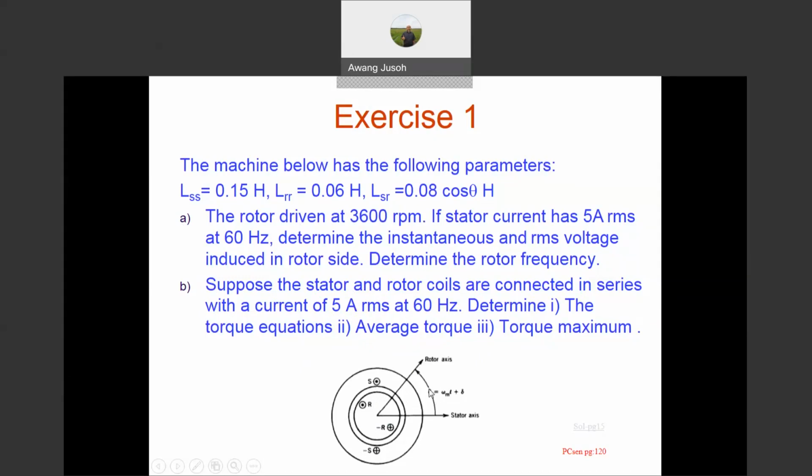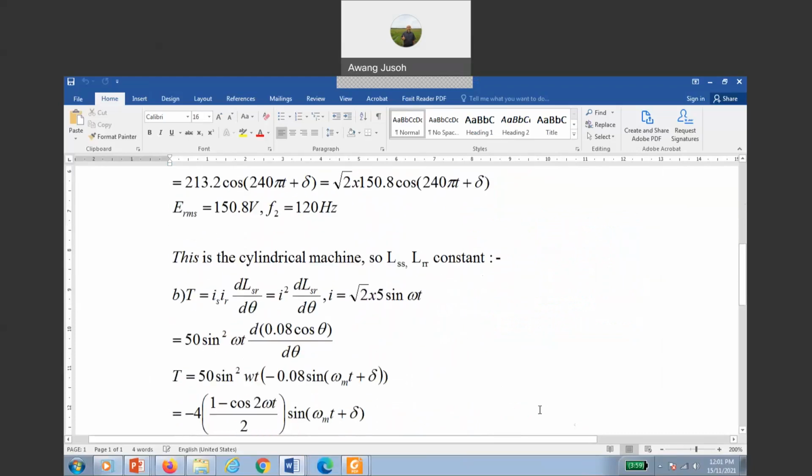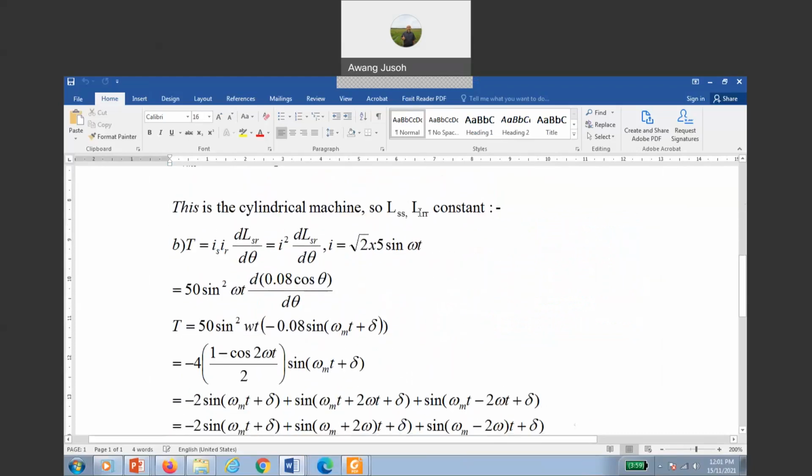Okay. So we know that the torque equation for this kind of machine, which is a cylindrical machine, is given by the alignment torque only. This one, right? So we know the LR is constant. So the torque is contributed by the alignment torque, which is IS, IR, differentiate LSR over theta. You know that IS multiplied by IR is equal to I squared, the same current.